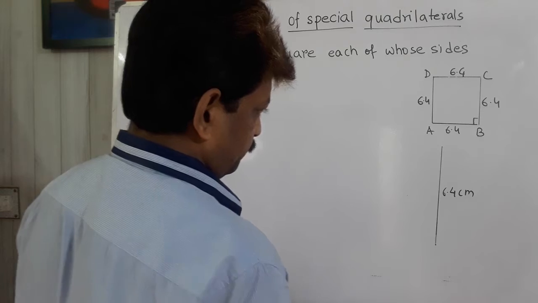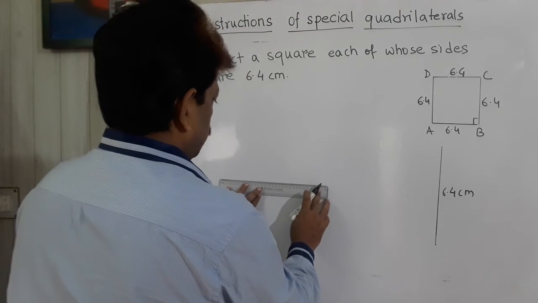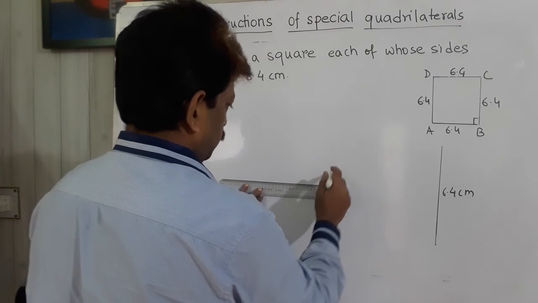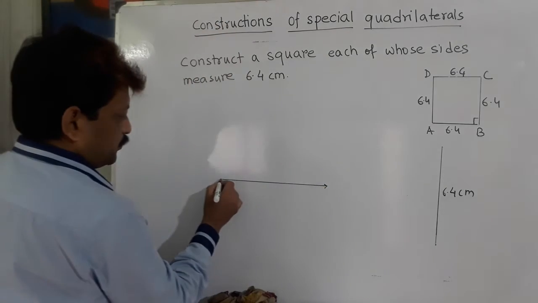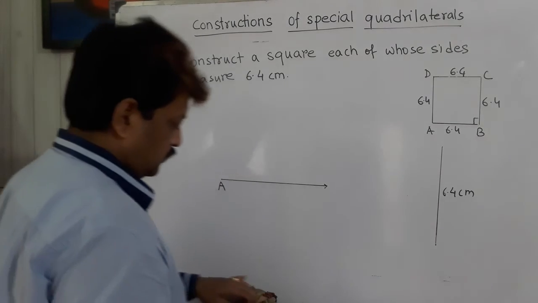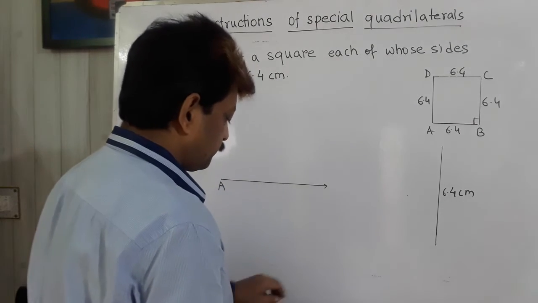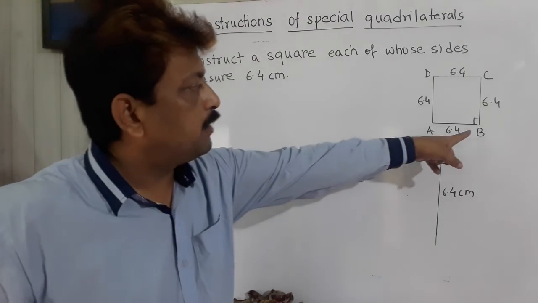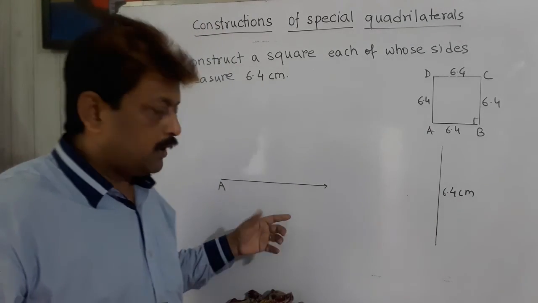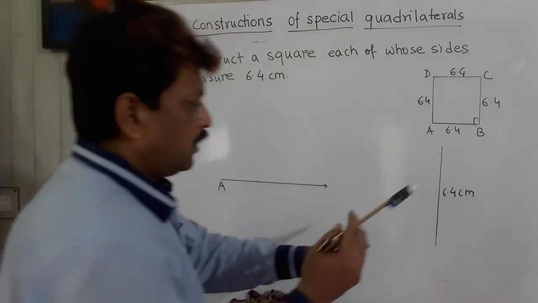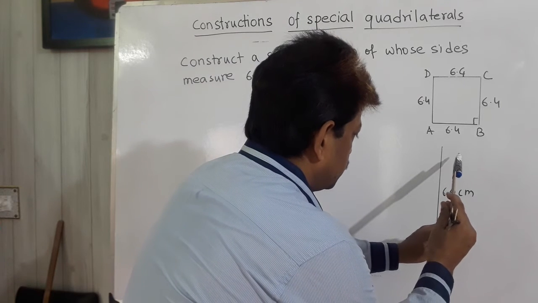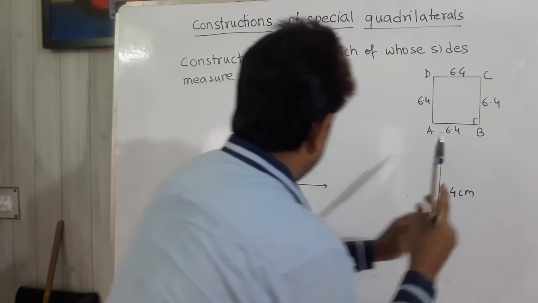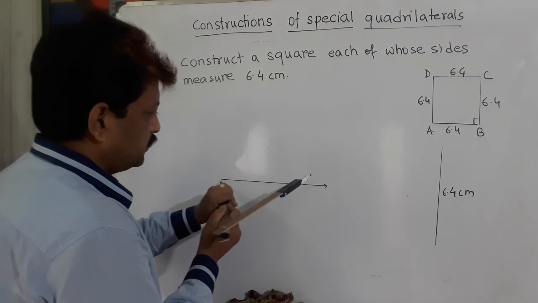Now, with the help of a ruler, draw any line. Suppose this is A. I have to find the point B here on the line, and since AB is 6.4 centimeter, let me take this measure as 6.4 centimeter.